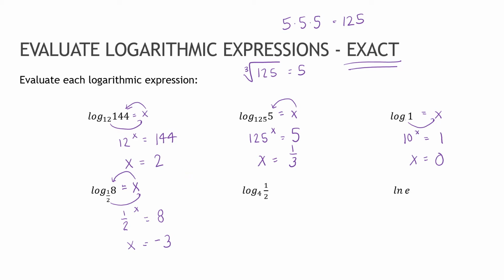Sorry, I wrote 2 instead of 1/2. So 1/2 to the 3rd would be 1/8, but 1/2 to the -3rd would be 1/8 flipped over, which is just 8. So that's where that -3 comes from.